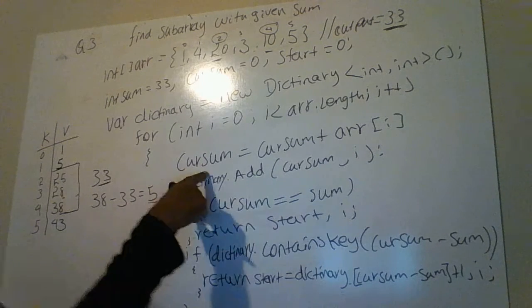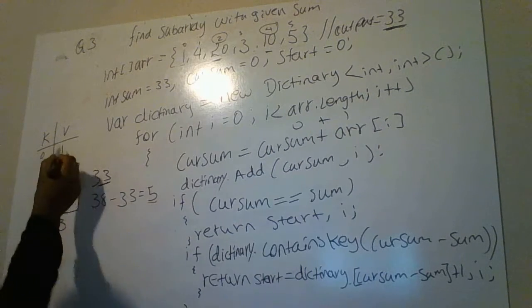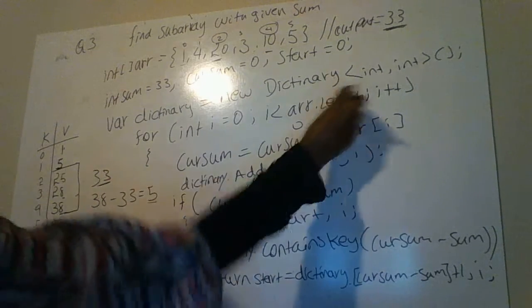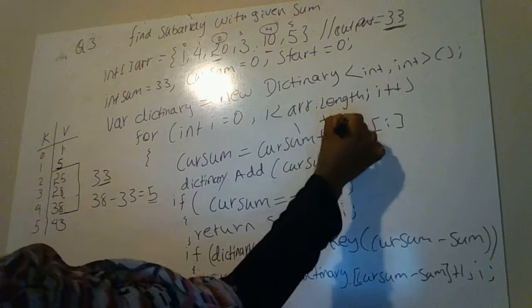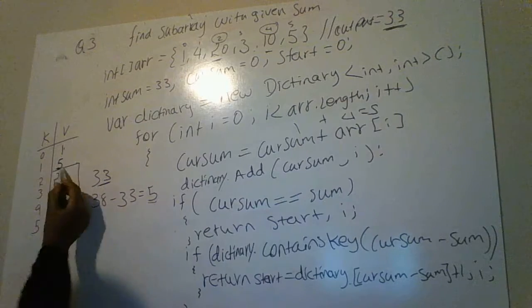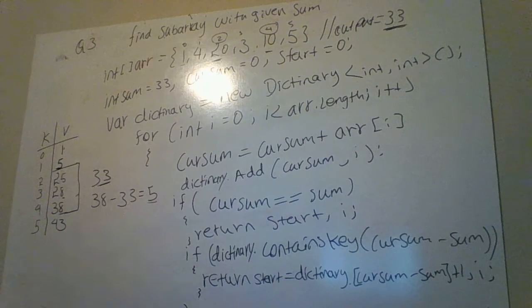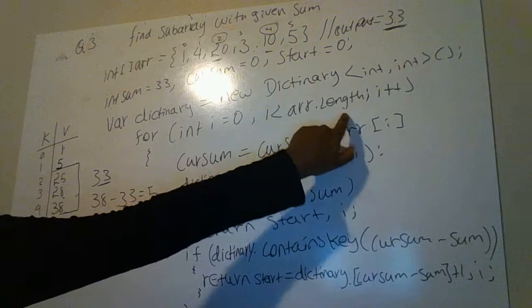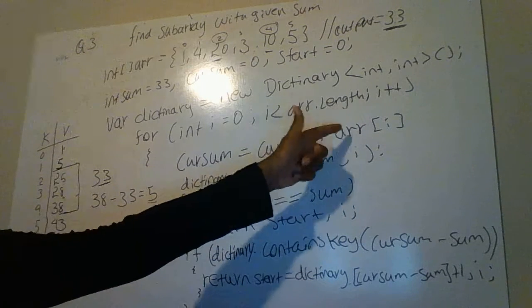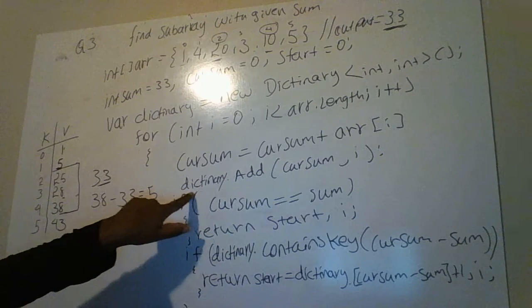So at first current sum was 0. 0 plus 1, I get 1, so I put that in my value here, and then I keep going, and then 1 plus 4, I get 5, so I put 5 in here, and keep going until I finish my array. And then I'm gonna add whatever current sum is in the place where the index is. So this is what that line does.